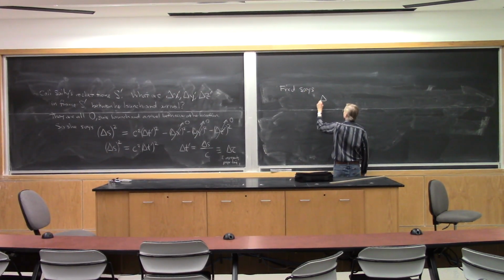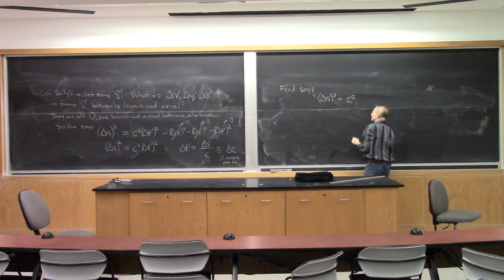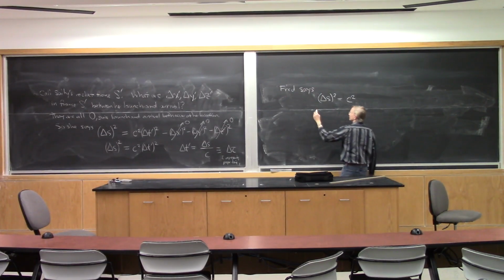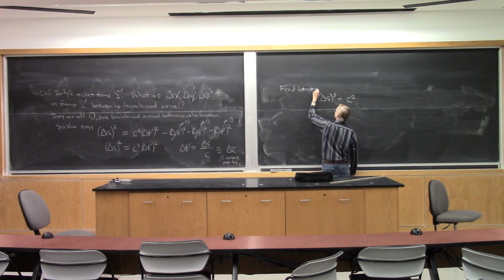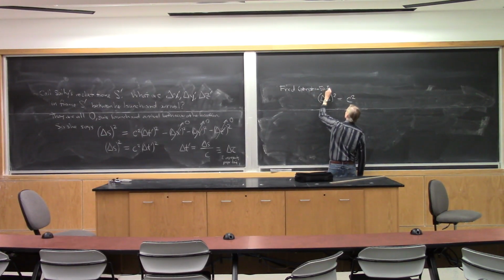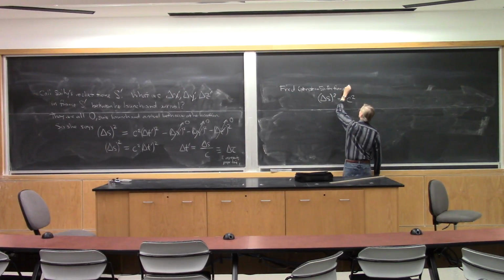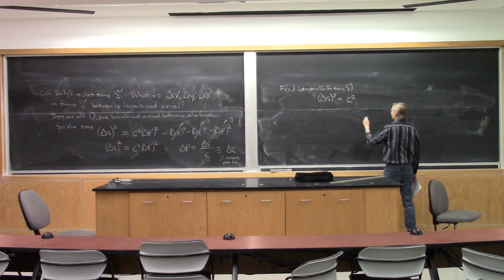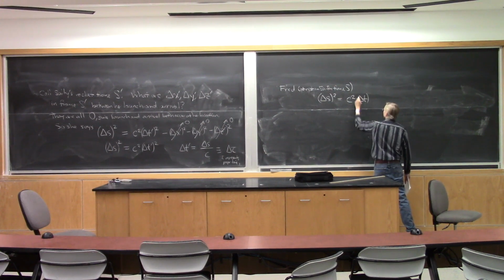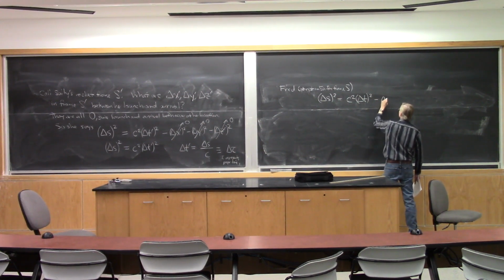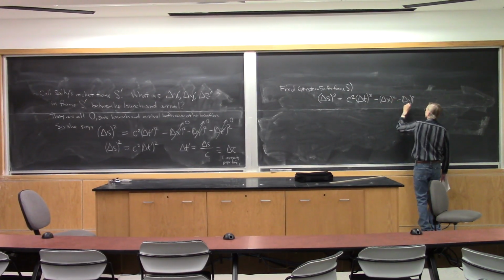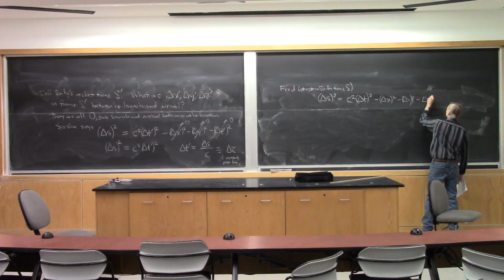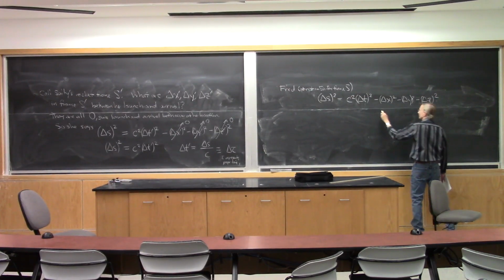Fred, at rest in the Earth frame S, says delta s squared is c squared delta t squared minus delta x squared minus delta y squared minus delta z squared.